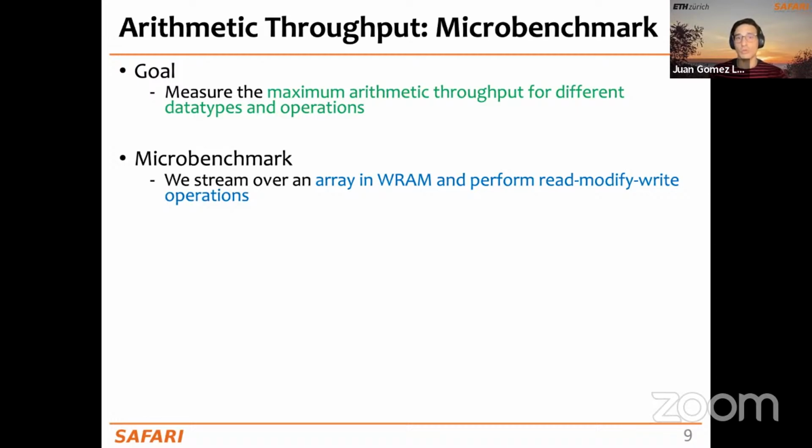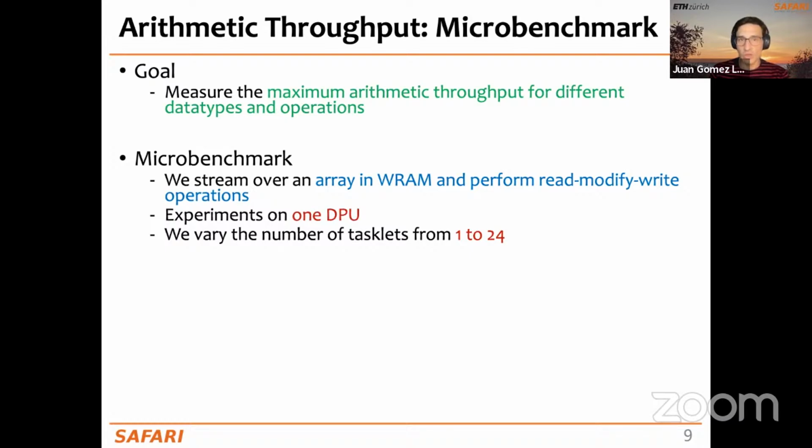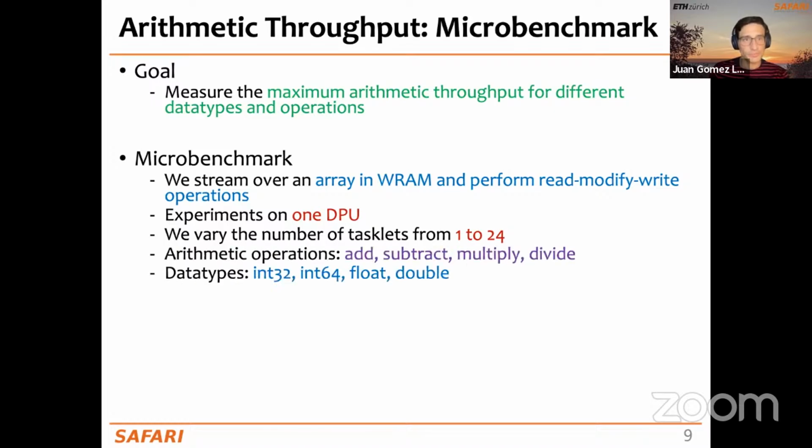In this microbenchmark, what we essentially do is go over one array in WRAM and perform operations on the elements of this array. In particular, we perform a read, modify, write operation on each element of the array. We run our experiments on a single DPU, and we vary the number of tasklets from 1 to 24. We use different arithmetic operations, addition, subtraction, multiplication, and division, and different data types, integers of 32 bits or 64 bits, and then floating point, either single precision or double precision.